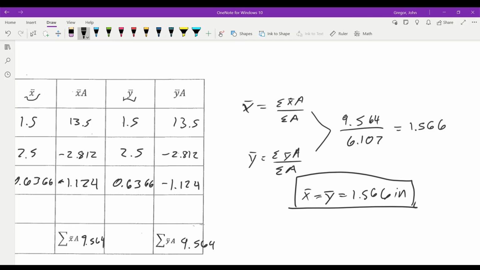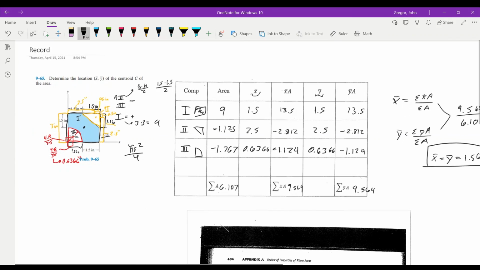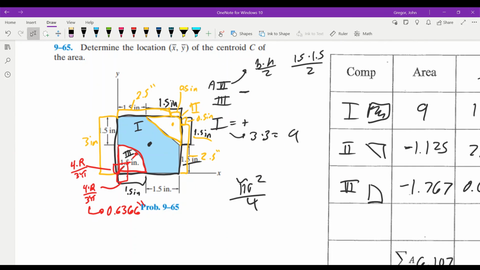That's all there is to it. The real trick for this problem is noticing that this is a square that's being cut by a quarter circle and a triangle. I'll draw it out again.